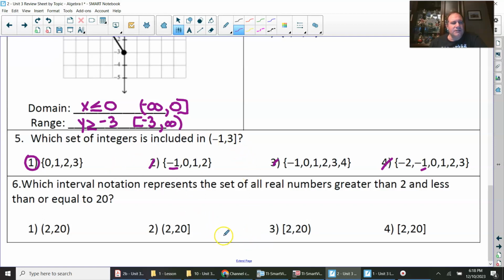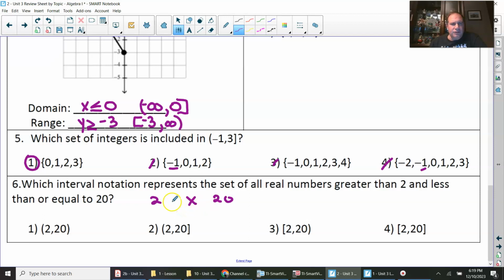Pretty easy question. Which interval notation represents a set of all real numbers greater than 2 and less than or equal to 20? I'm going to have to put this into an inequality. So I'm just going to put x in the middle and then 2 and 20 on the outside.